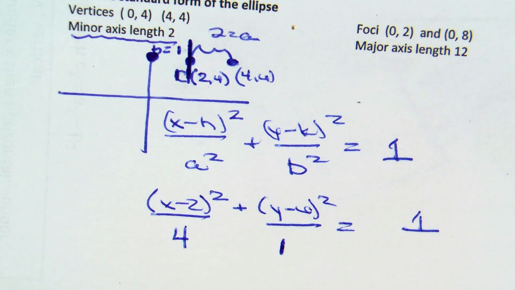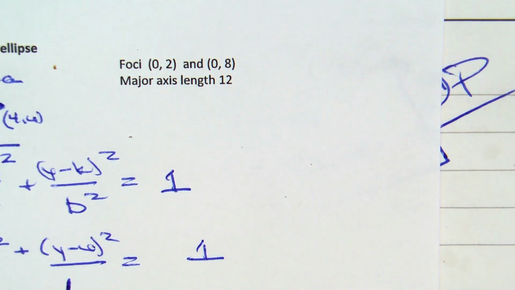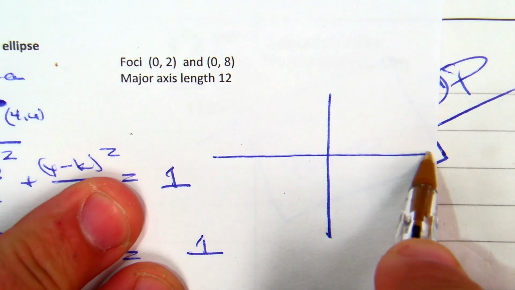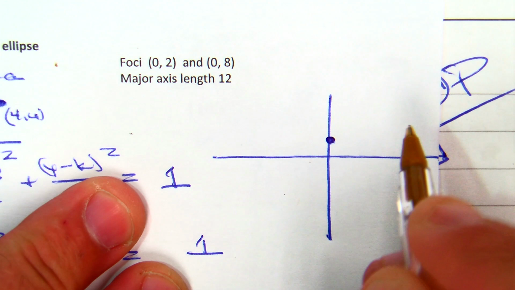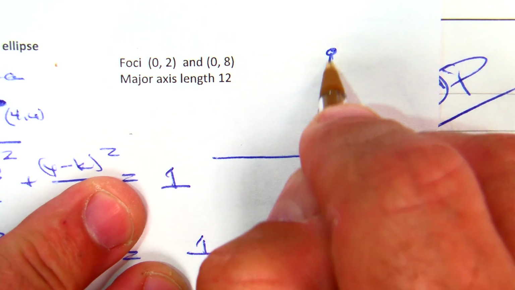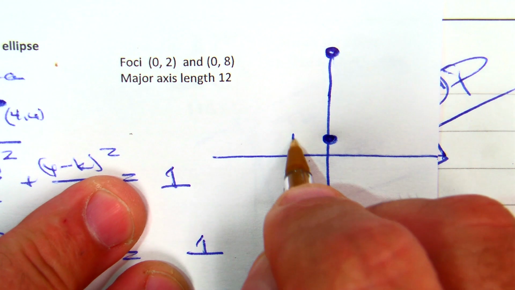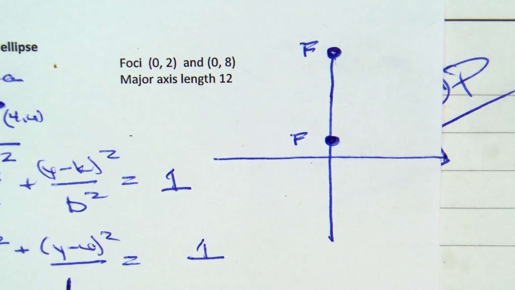Make sense? All right, and the one next to it, the foci are at 0, 2, and 0, 8. So those are my foci. Just like the vertices, the foci are located on the major axis.